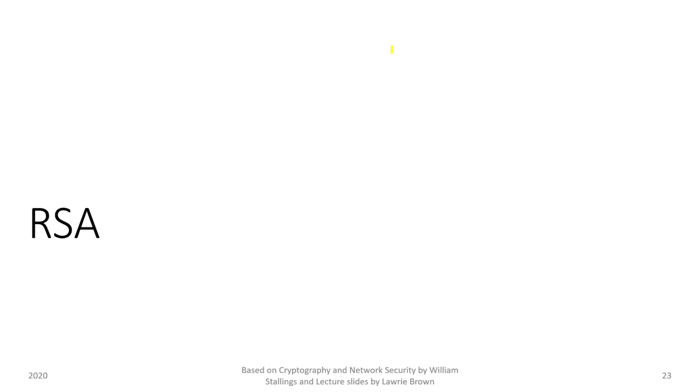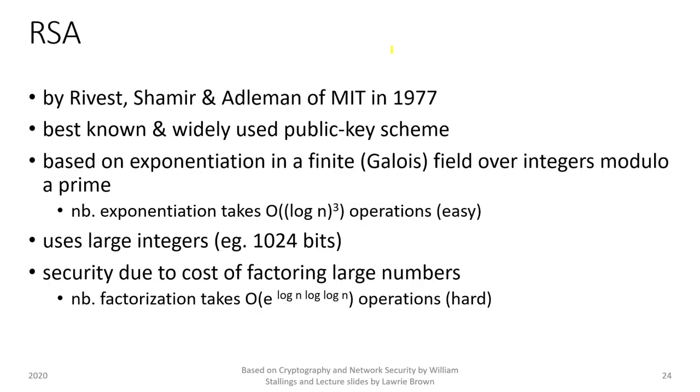So now let's look at a particular public key algorithm as an example. We will be looking at RSA. The name comes from the three people who were behind RSA, Rivest, Shamir and Adleman.